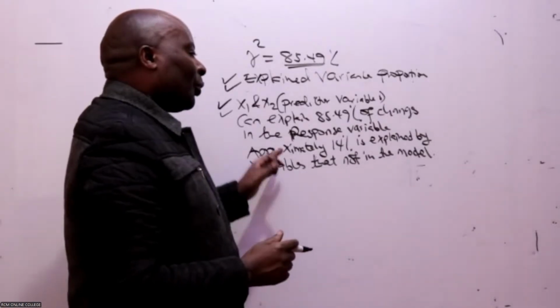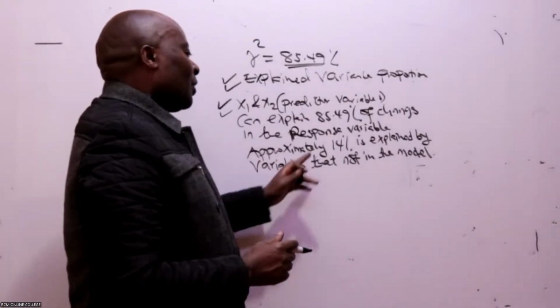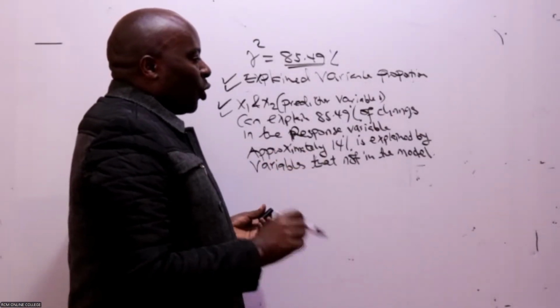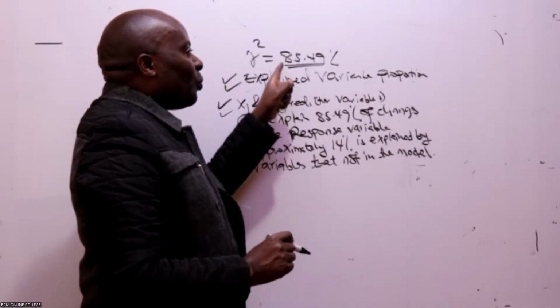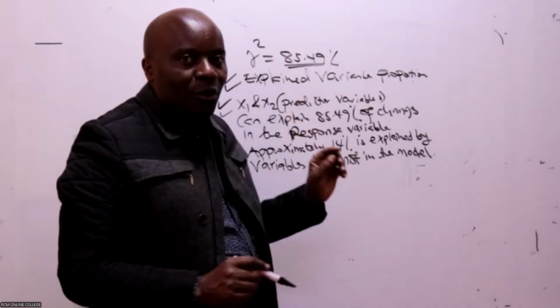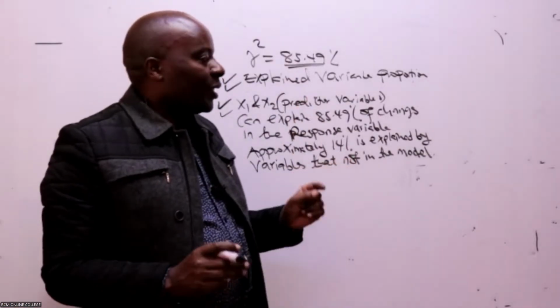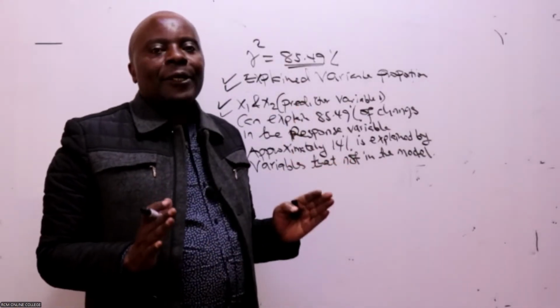This 14% is still allowable. Don't start burning your resources looking for that other variable to make this 100%. 85% is still well accepted.